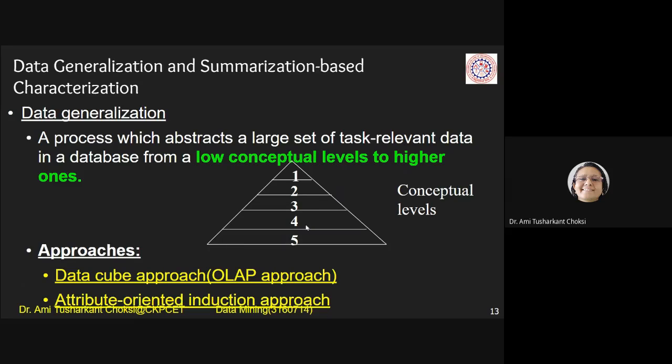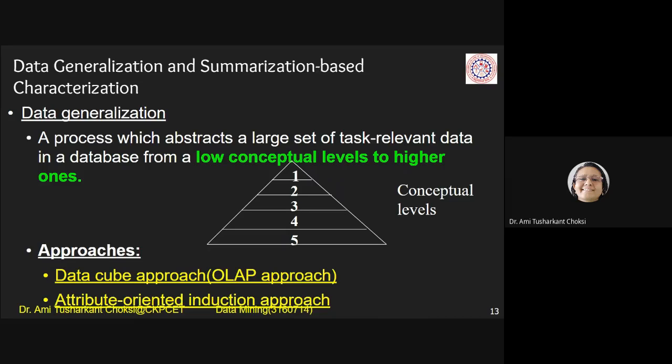Low level concept, for example, for our example which we were taking till now for area: street is there, then city, then state, then country, right? So the low level concept street is replaced with city, or city is replaced with state, or state is replaced with country, right?